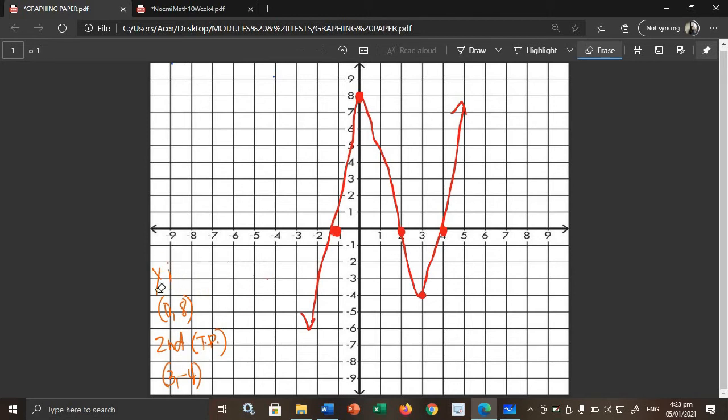I'm so sorry if hindi na exact dun sa points kasi kapag nagdo-drawing ako dito, nagmo-move yung lines. Okay? But then, kapag ginraph nyo siya, kailangan exact dun sa points. Okay? And then, napansin nyo, the graph should be, yung edges niya dapat hindi sharp, no? Kailangan smooth curve, just like what I'm talking a while ago.